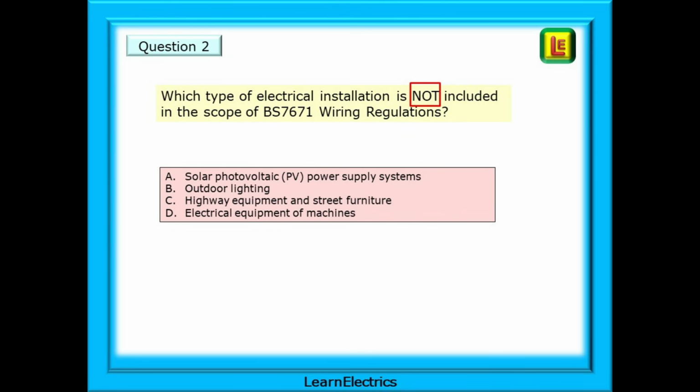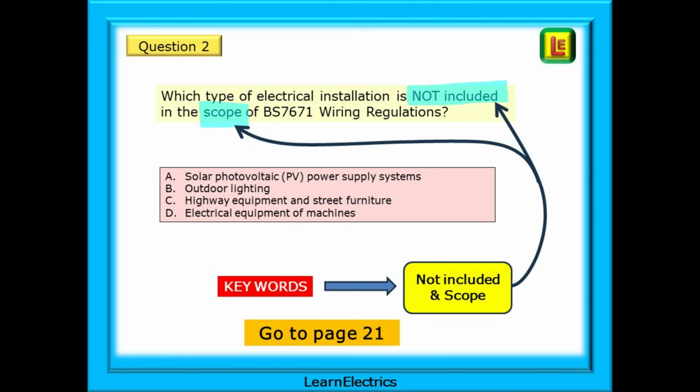Remember, it's a not question. Pause the video and have a go. 2 keywords here, not included and scope. Find these words on the page 3 contents page. We were on page 20 last time. The not included answers are on page 21. Go there now.